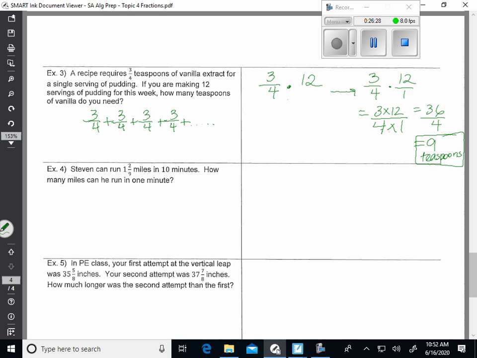Example 4. Stephen can run 1 2/9 miles in 10 minutes. How many miles can he run in 1 minute? So we want to know how many miles can he run in 1 minute. So this is 1 2/9 divided by 10.